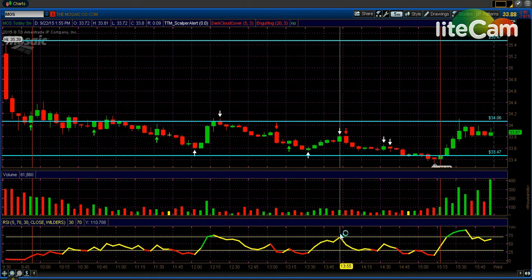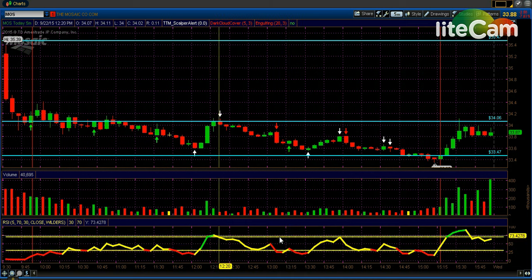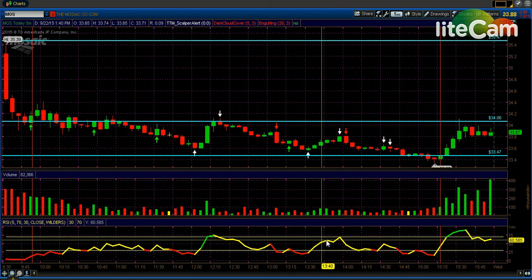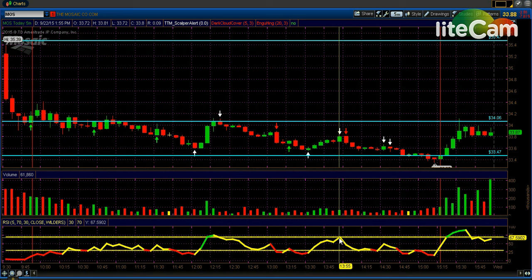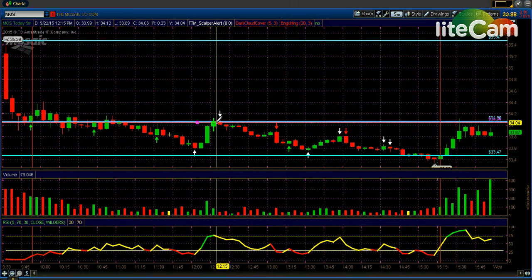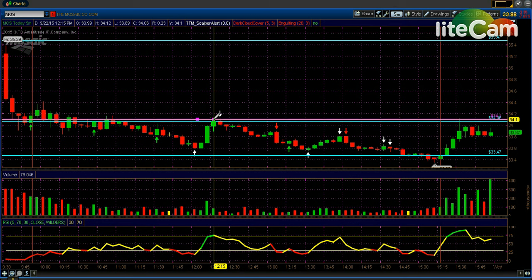I'm also looking from time to time at my RSI. So this is showing me nothing. Also, I'm looking at my higher highs, higher lows.